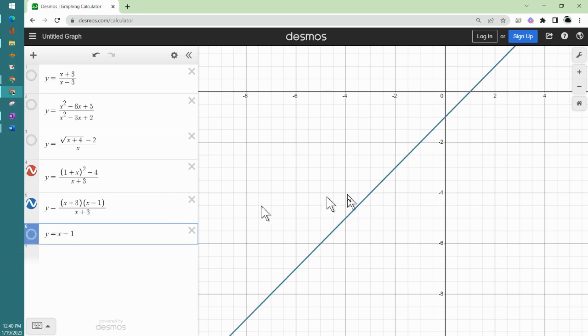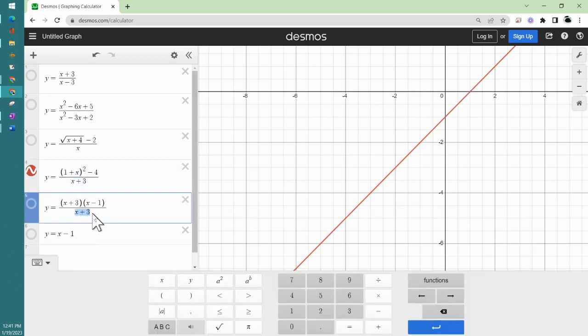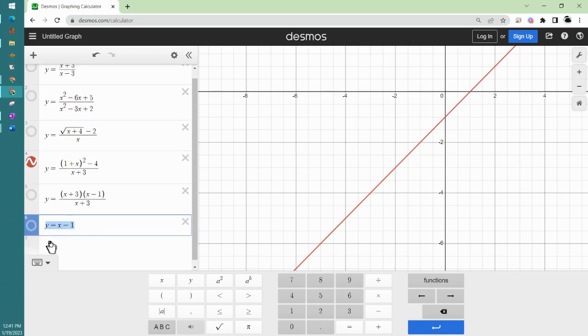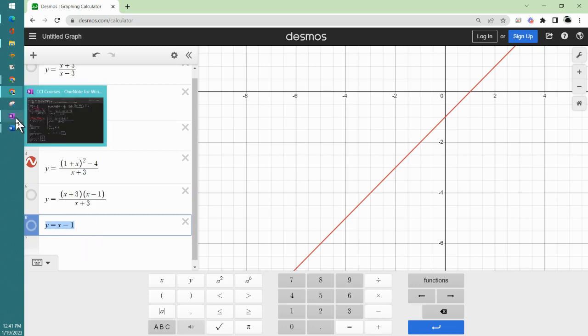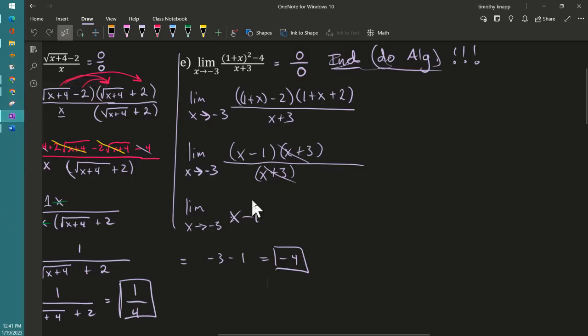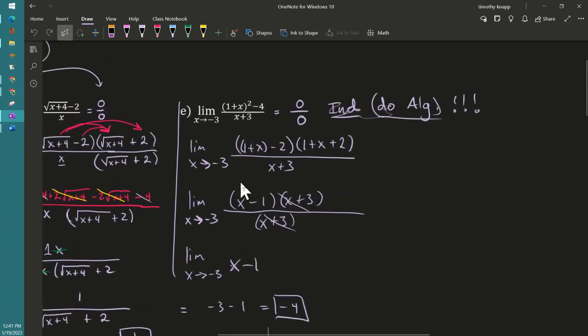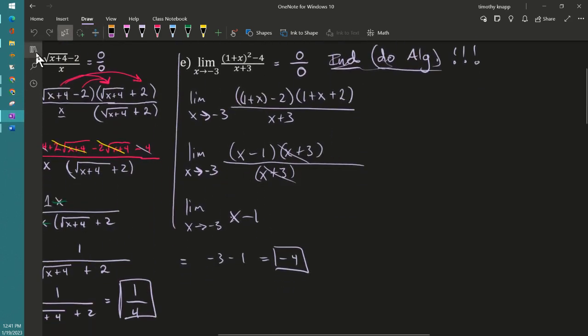Whereas the blue graph has the undefined location, and the red graph also has the undefined location, because in both of these situations, I still have my problematic factor in the denominator. And not until here did I end up having it removed. And it shows up graphically like that, as we talked about in previous situations, okay?